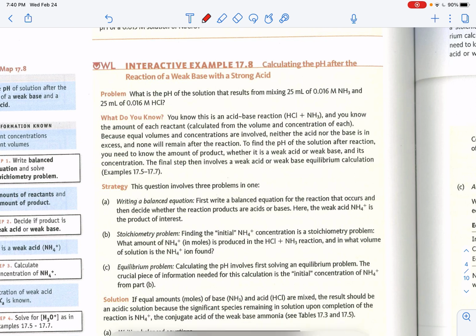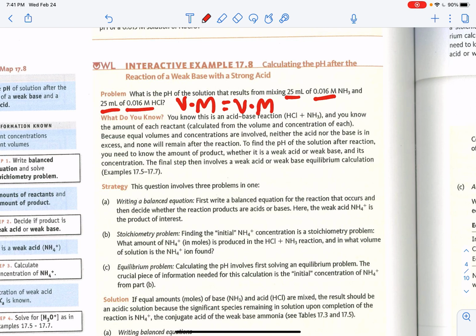Because 25 times 0.016 is going to equal 25 times 0.016. Because your volume times your molarity of your acid equals the volume times the molarity of your base. And that's true at the neutralization point when the acid has neutralized the base.